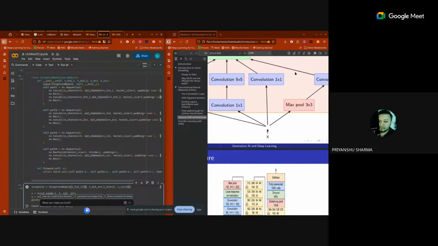Sir, what kind of question will be asked from this inception module in the exam? There can be questions like, as I said, computing the output size. It can be anything.